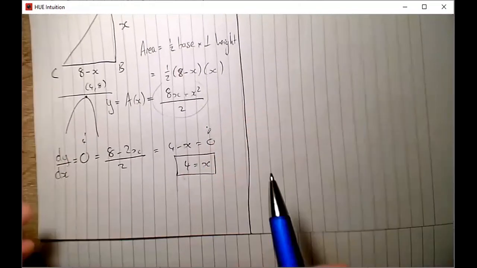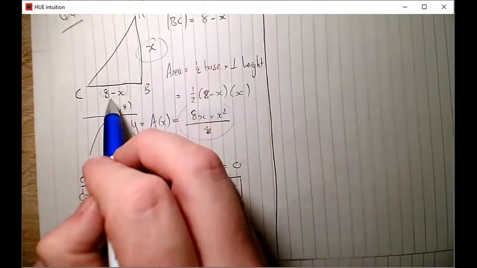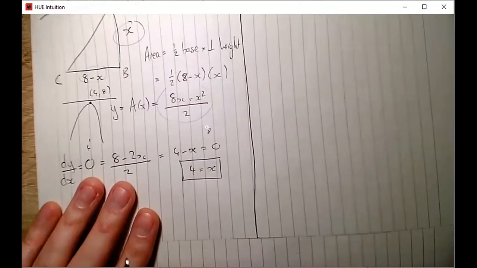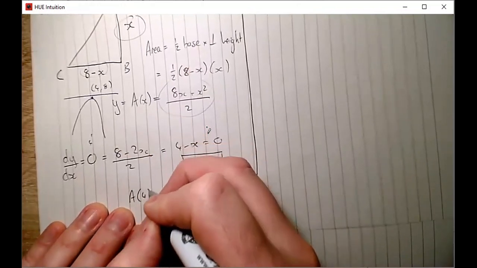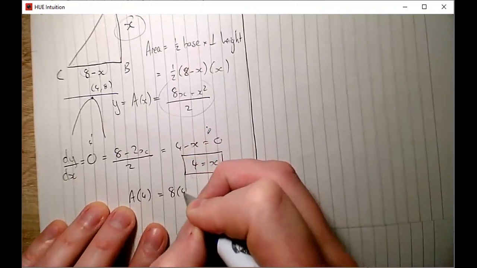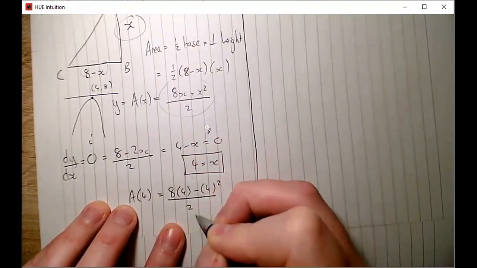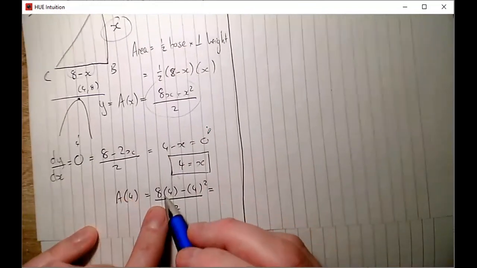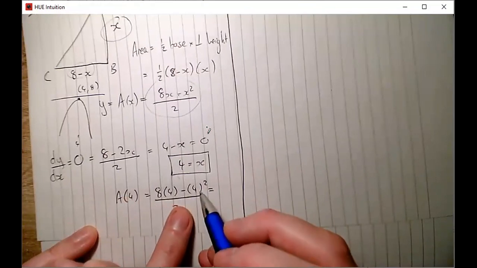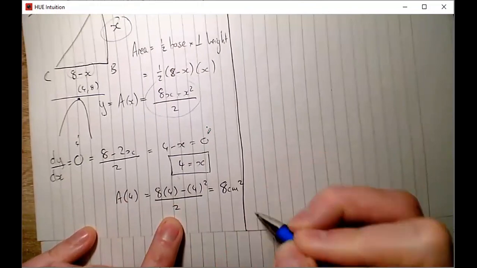Well, that's great, but that doesn't tell us the maximum area, which is what we were asked for. That tells us that we want this to be 4, and then this to be 8 minus 4, which is 4 as well. Maximum area then is A evaluated at 4. So that's 8 times 4 minus 4 squared over 2. 8 times 4 is 32, take away 16 is 16, divided by 2 is 8 centimeters squared.